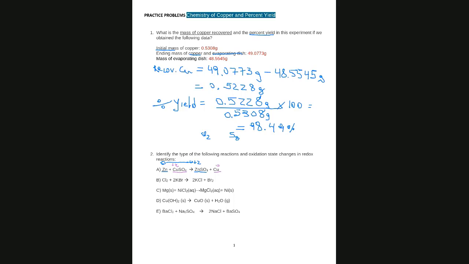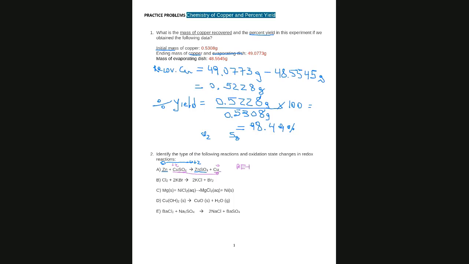So the copper went from +2 to 0. Because +2 is higher than 0, we say that the copper is reduced. So this is a redox reaction.